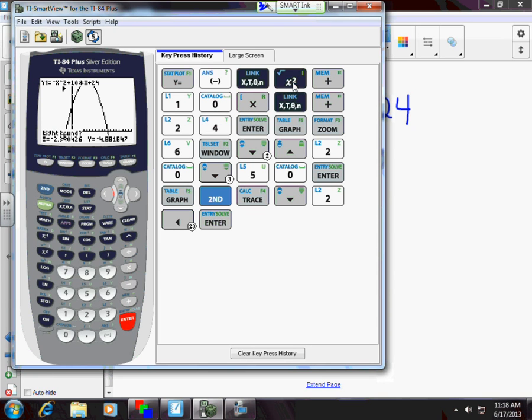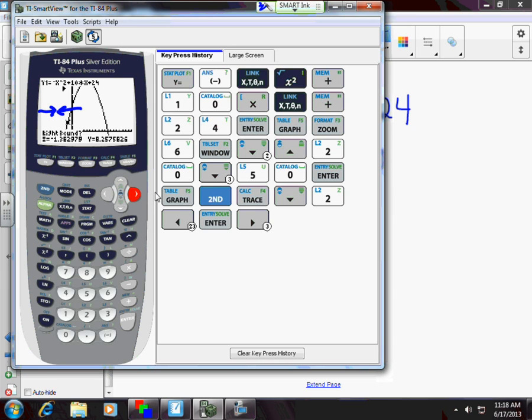Now you'll notice it asks me for the right bound. So I need to get to the right of the intercept. So let's use the right arrow key to move to the right. And again, that looks to be to the right. Now remember, we are looking right and left of the intercept horizontally.